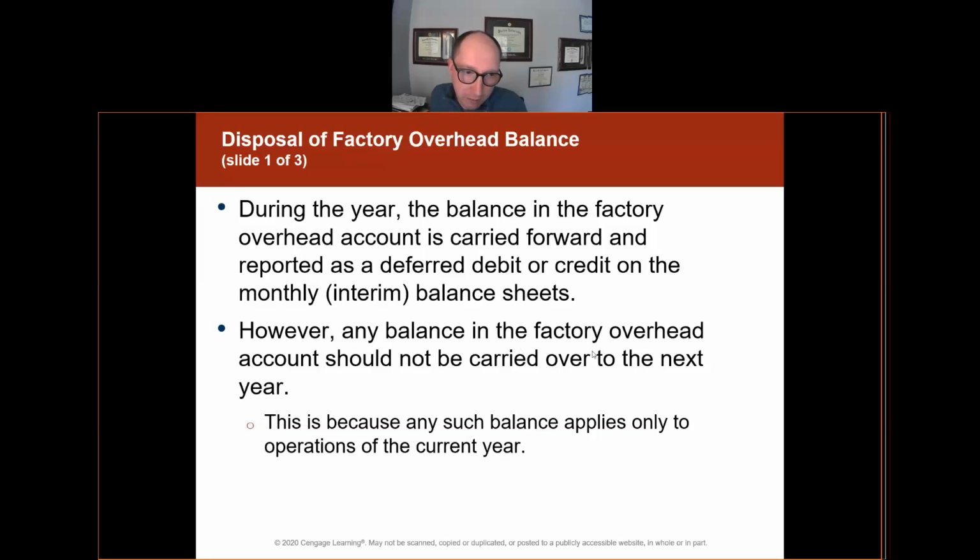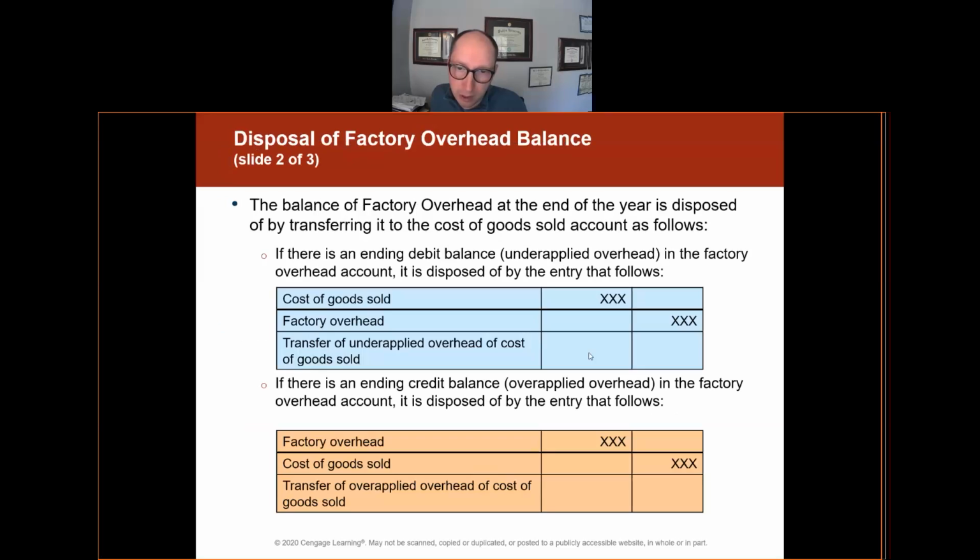Factory overhead should never carry forward. Factory overhead is a temporary account. In other words, at the end of each year, we close it out to zero, just like we do with our income statement. And you all remember that from Accounting 201, hopefully.